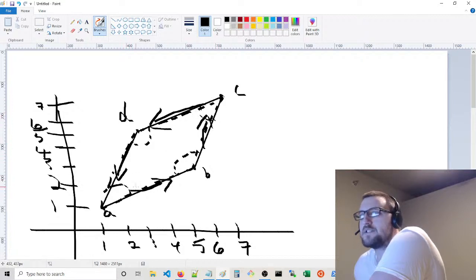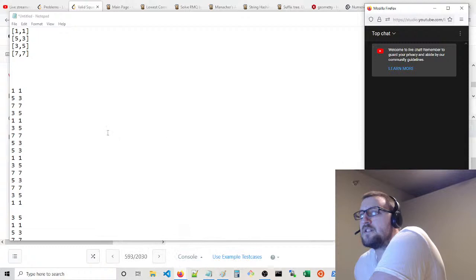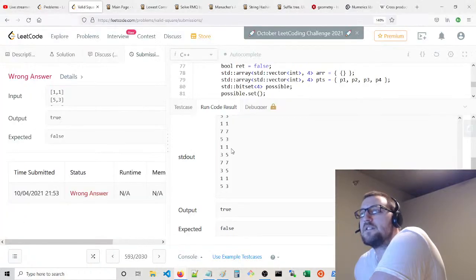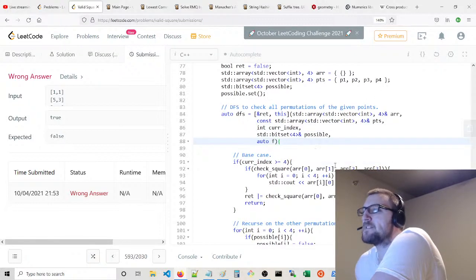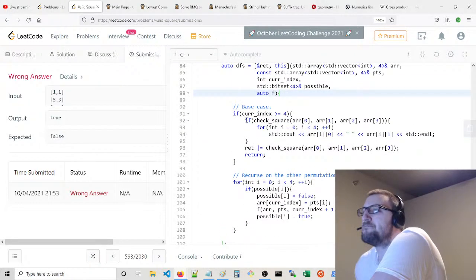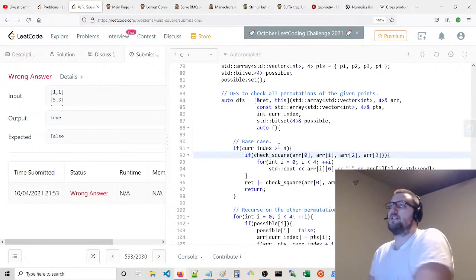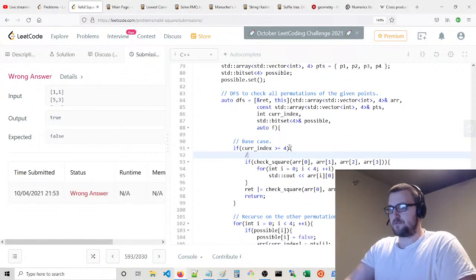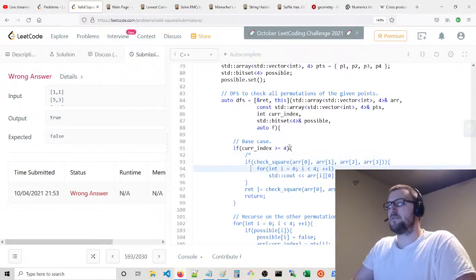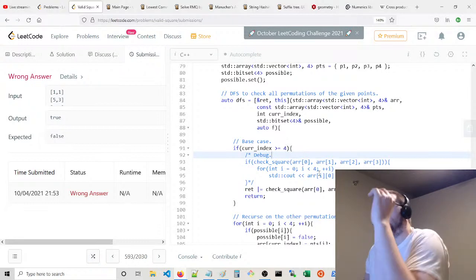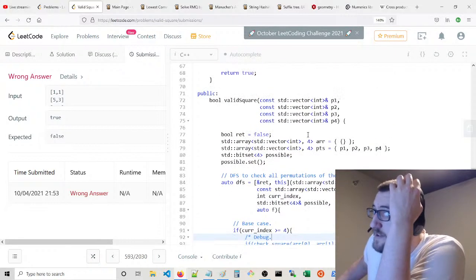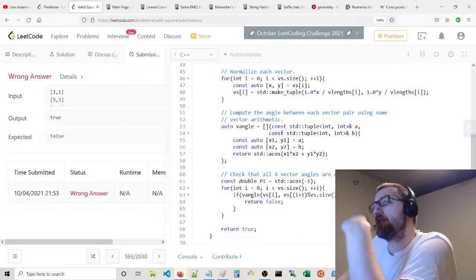Now the lengths are the same, I think, but the angles are not. And I think that's the tricky thing here. How does that happen? I don't know, because I did have a check for the lengths.